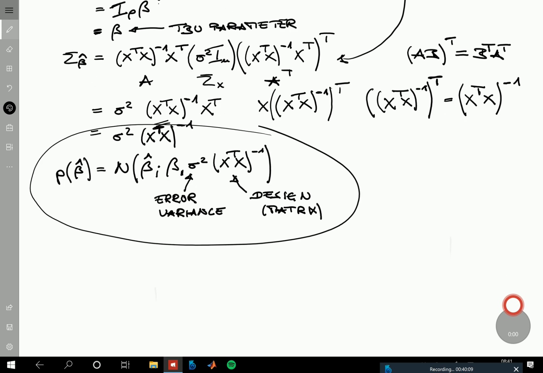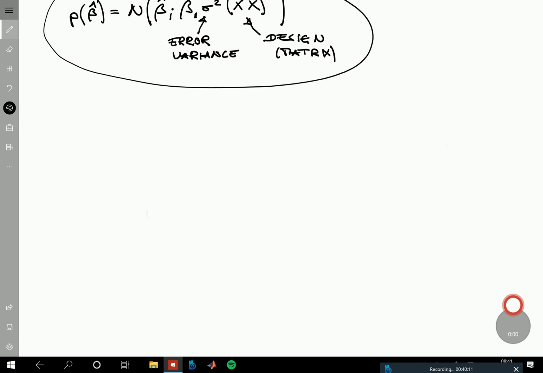The basic question is, what is the distribution of the variance parameter estimate? And the answer is, it's a chi-squared distribution. However, the whole thing is not quite that simple. It turns out that it's not the variance parameter estimate itself that is chi-squared distributed, but a scaled version of it.